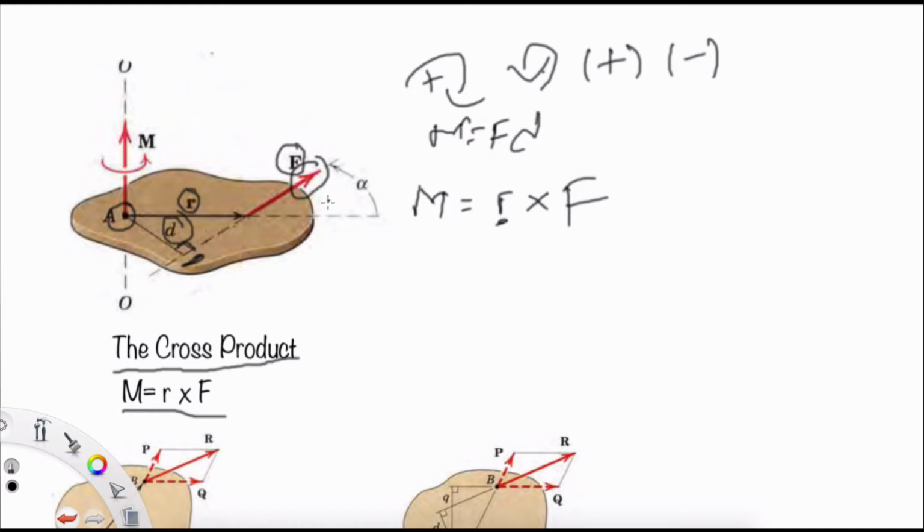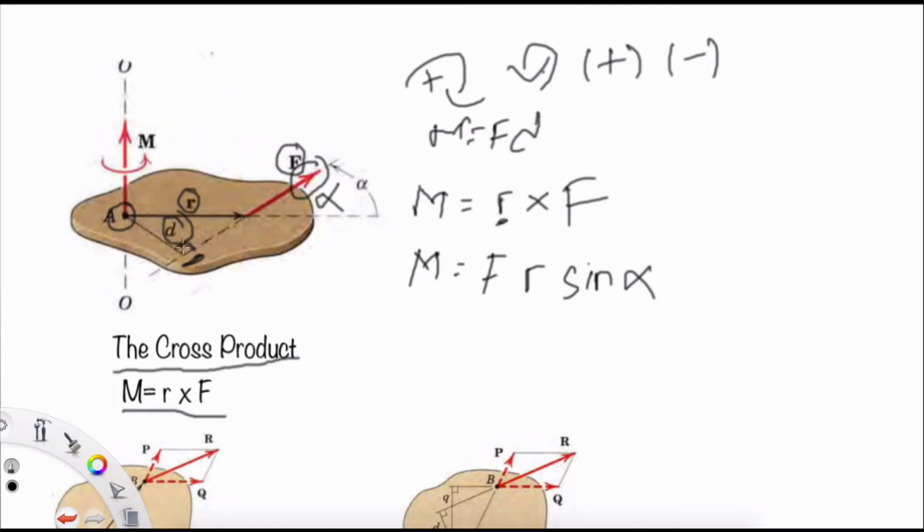So what are the consequences of this? We will have a new component here, that is the angle alpha. By using the cross product, we write M equals F r sin alpha. Why r sin alpha?